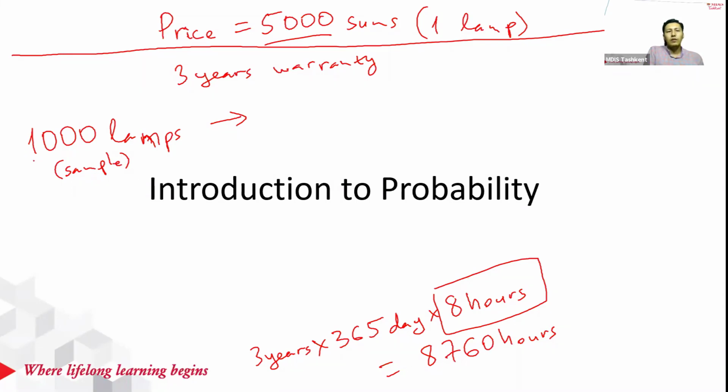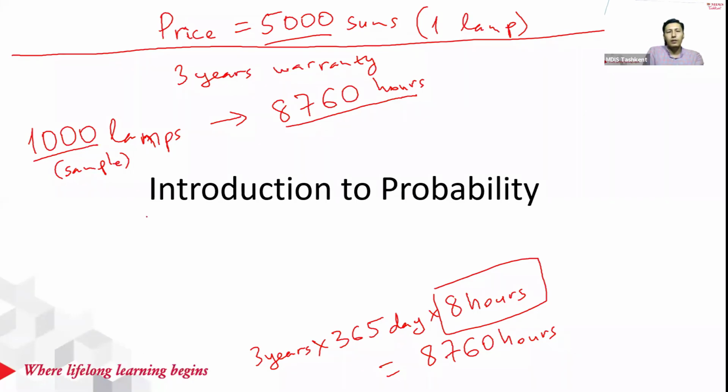So you take these 1,000 lamps, you switch them on for 8,760 hours. After that time, it's approximately equal to 1 year. So after 1 year, you count the lamps that are dead.